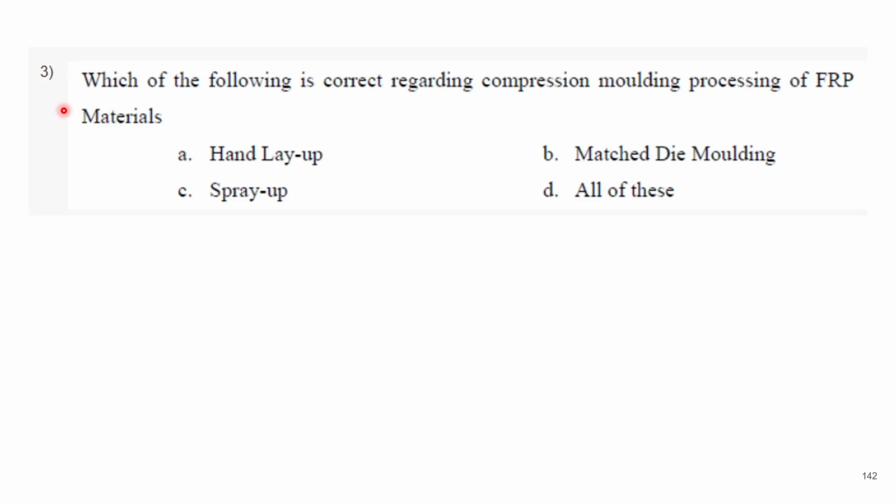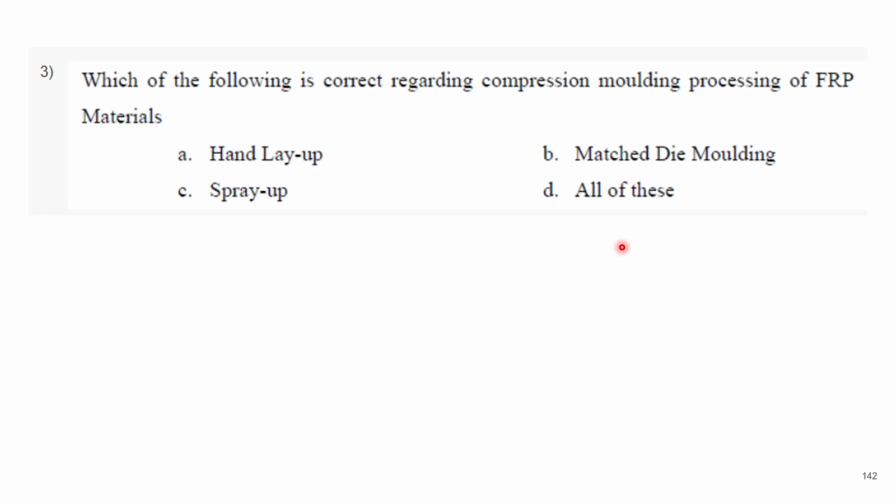Third question: which of the following is correct regarding compression molding processing of FRP materials? A, hand layup, B, match die molding, C, spray up, or D, all of these. If you remember, hand layup and spray up are examples of contact molding.